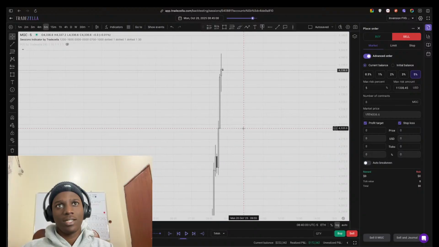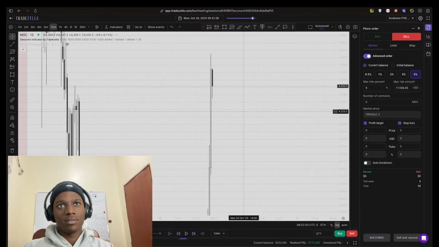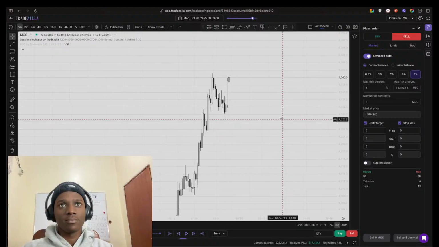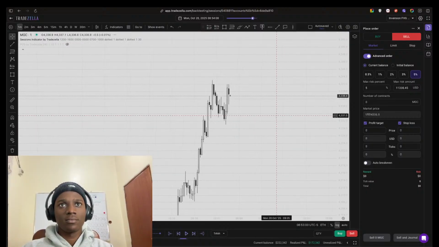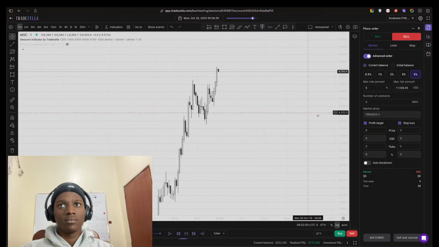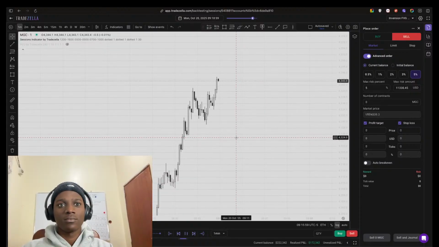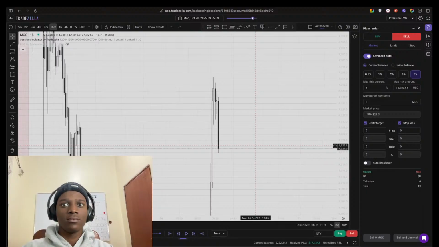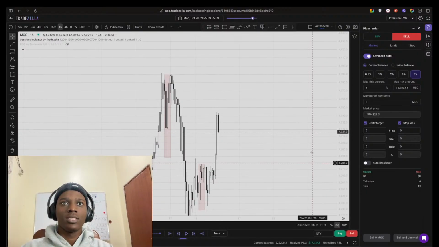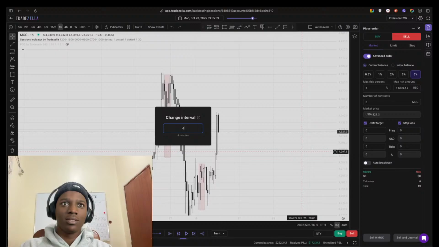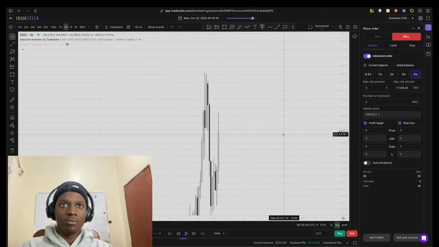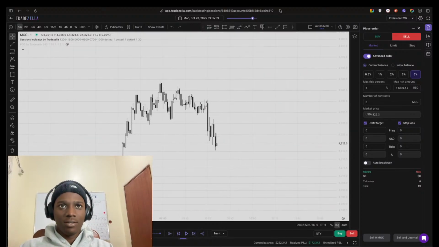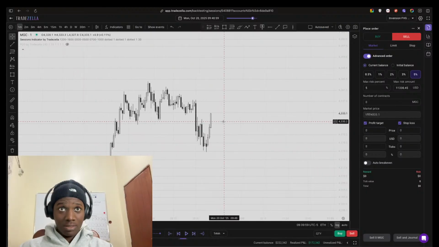I'm going to try these longs. So we're displacing higher quite good. I mean, the 4 hour could potentially inverse this gap if it plays its cards well.